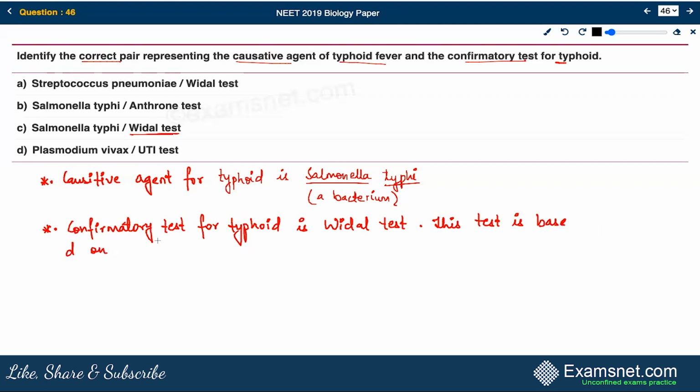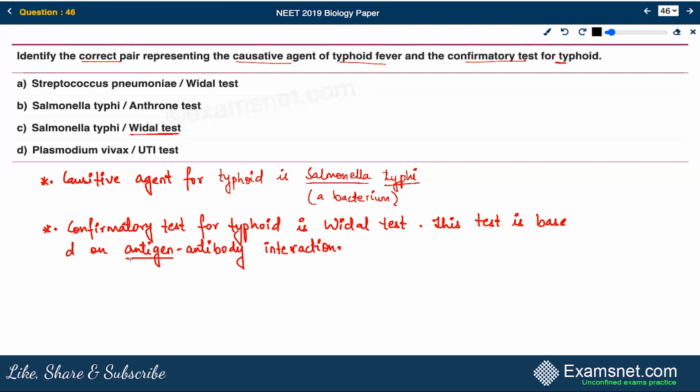So this test is based on antigen antibody interaction. On the basis of antigen antibody interaction, this is being confirmed. Here the antigens are basically the bacterial species.